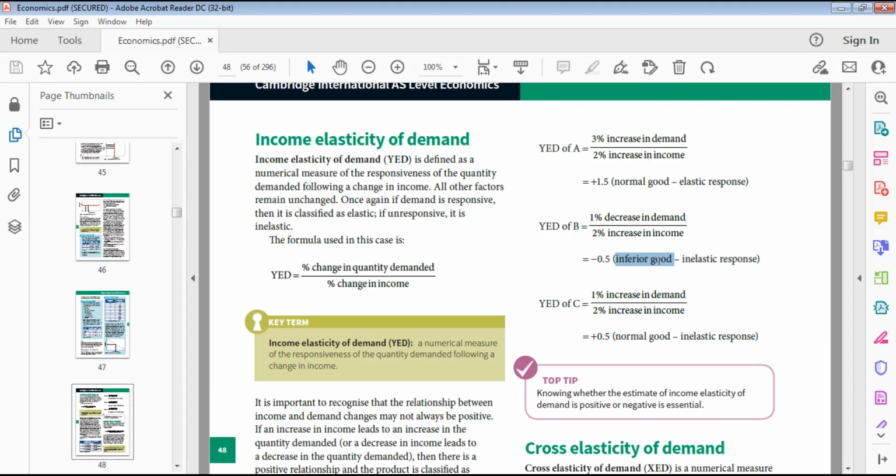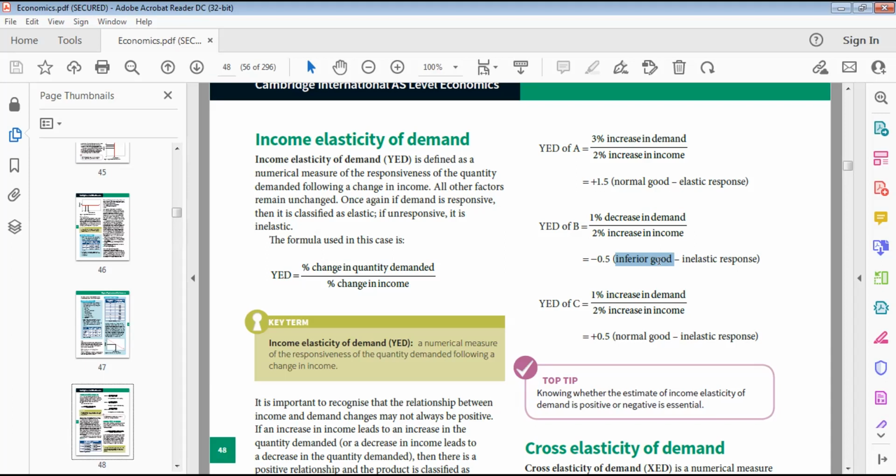But here we're talking about inferior good. So maybe anything that is cheap. Maybe a Honda motorcycle. Since their income has increased, they don't buy a scooty anymore because scooty is cheap. Maybe they're going to buy a car, right?